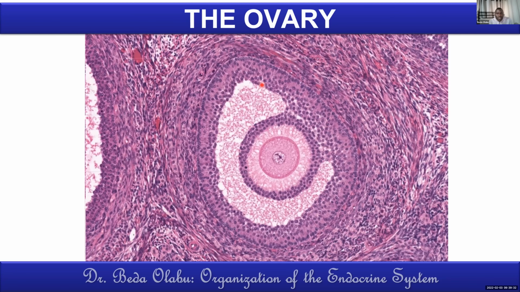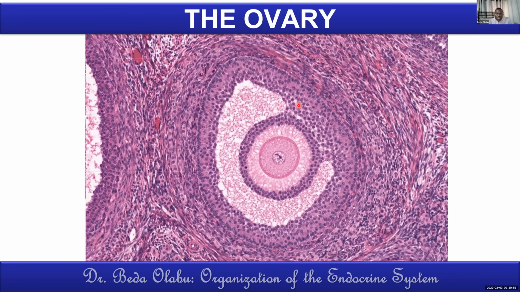So this is the oocyte. These granulosa cells external to the oocyte are called the corona radiata. And these granulosa cells that suspend the oocyte are known as cumulus oophorus.